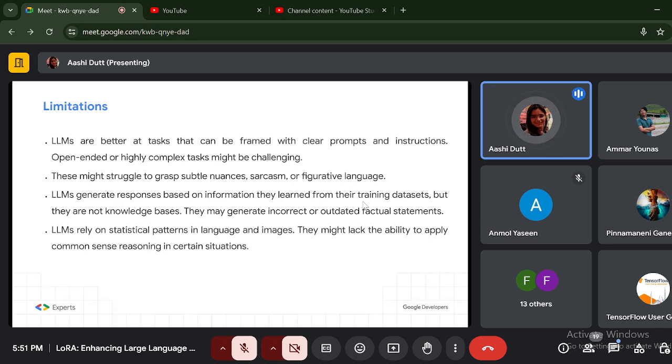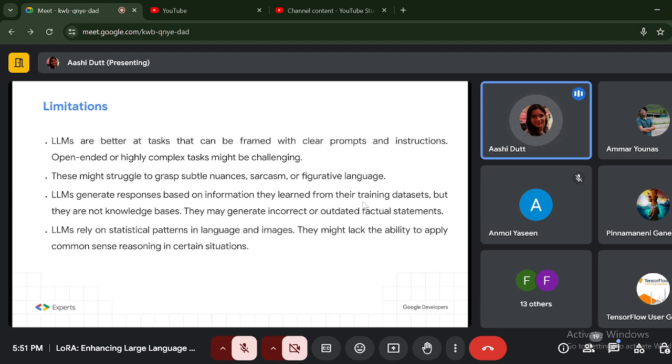But there are a few limitations to these models as well. LLMs are much better at tasks that can be framed in clear prompts. You might have noticed it yourself that sometimes you pass in one prompt to, say, ChatGPT or Gemini models, and it does not respond in the right form.